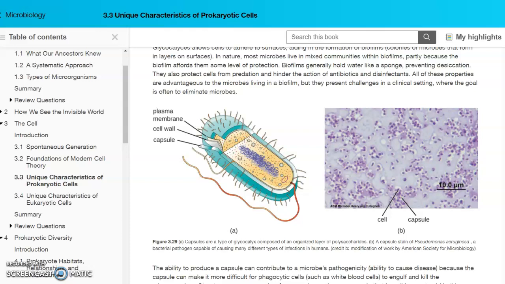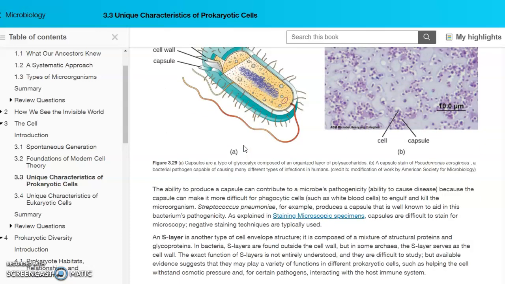Think about this glycocalyx as like syrup or jelly. It's this sugary, sticky substance that allows the bacterial cell to attach to some type of surface in its environment, or allows it to stick to other cells. And like I mentioned, this can contribute to pathogenicity, the bacterium's ability to cause disease. Makes it harder for the immune system to identify and ingest the cell.